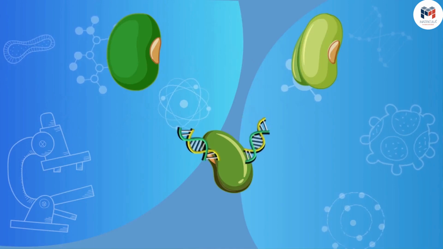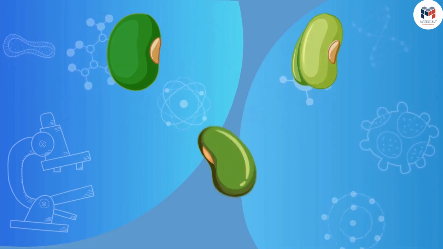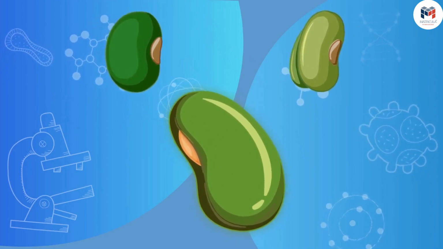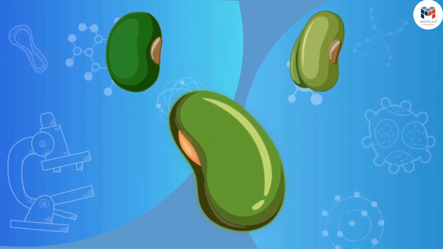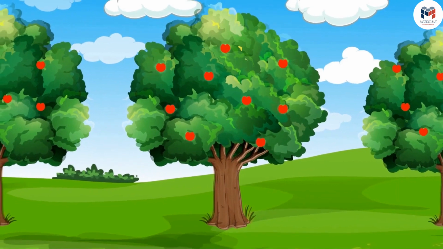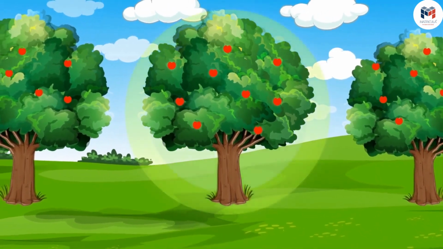By hybridization. In this method, scientists treat the seeds of both plants in a scientific manner and create a new seed which has the desired properties of both the seed.